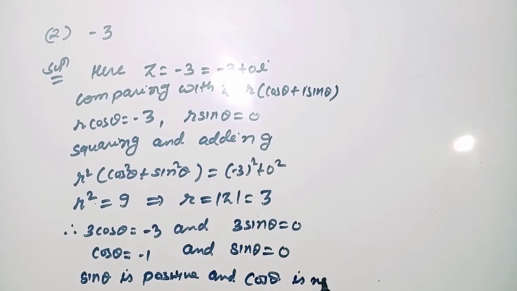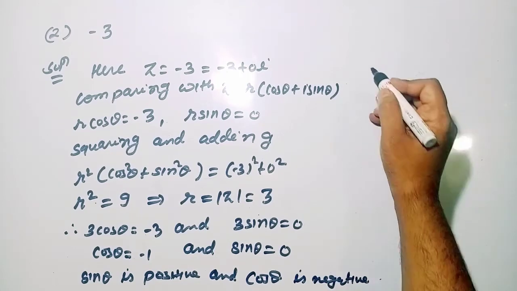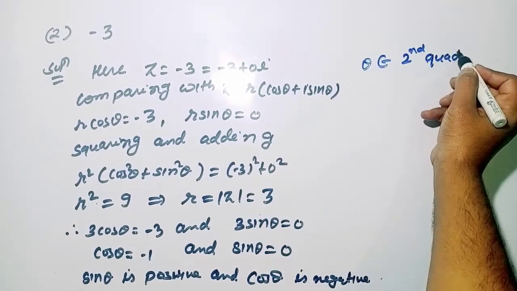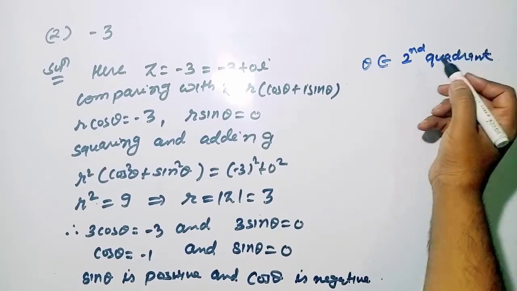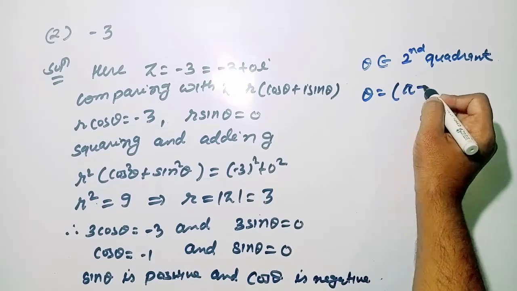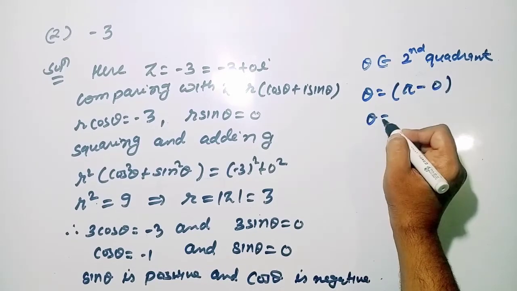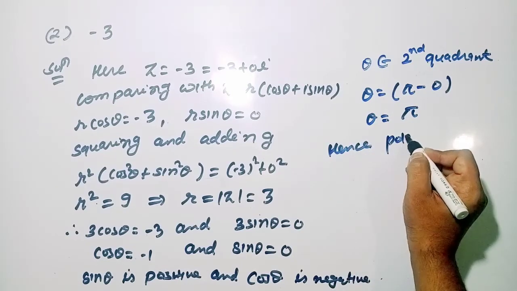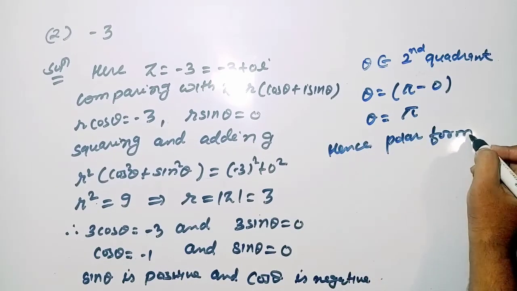So sin theta is not negative and cos theta is negative. Cos theta means x coordinate and sin theta means y coordinate. So x coordinate is negative and y coordinate is non-negative. In which quadrant? Second quadrant. So theta belongs to the second quadrant. In the second quadrant, the argument is pi minus alpha, so theta is equal to pi.